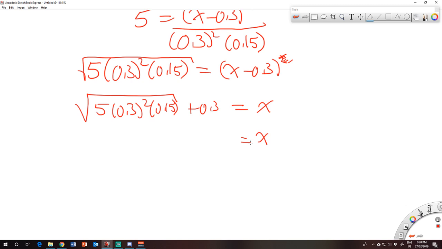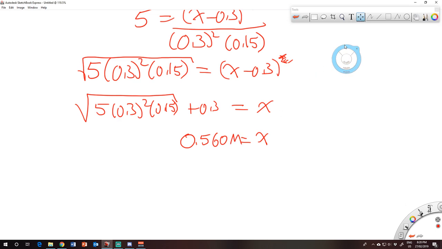We take the square root of 5 times 0.3 squared times 0.15, and add 0.3. So x is equal to 0.5598, so I'll say 0.560. That'll be in molarity.